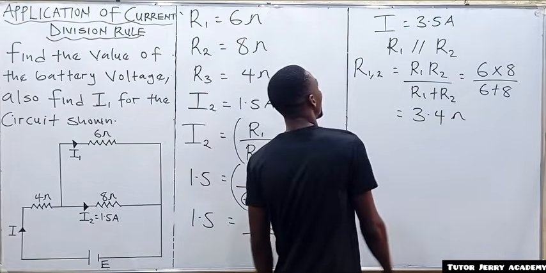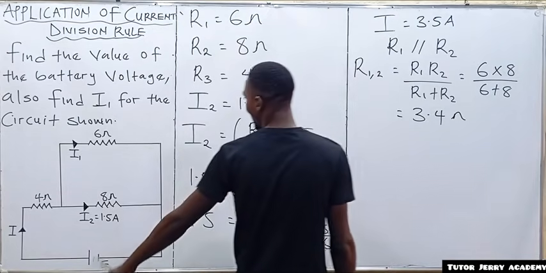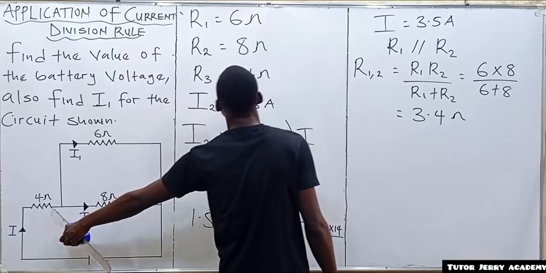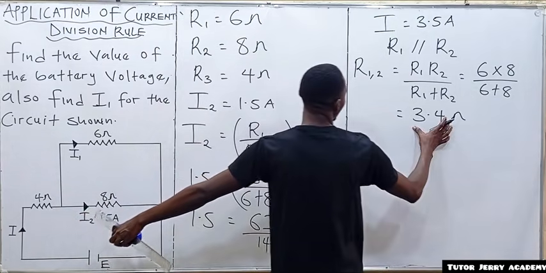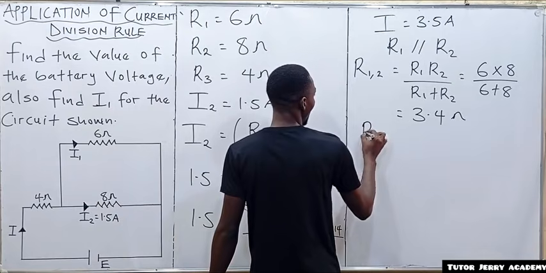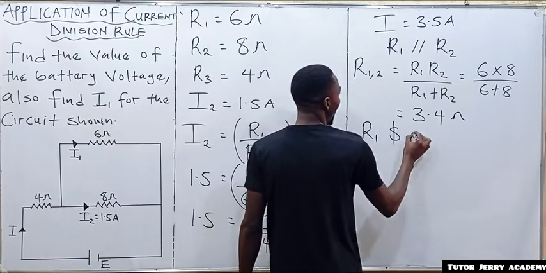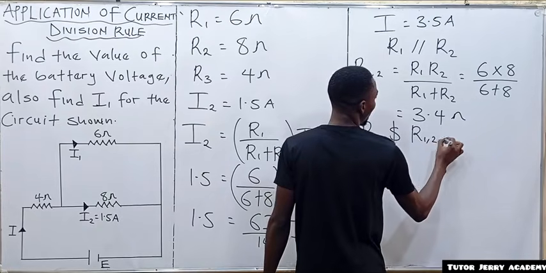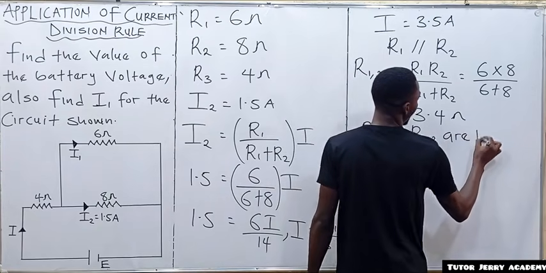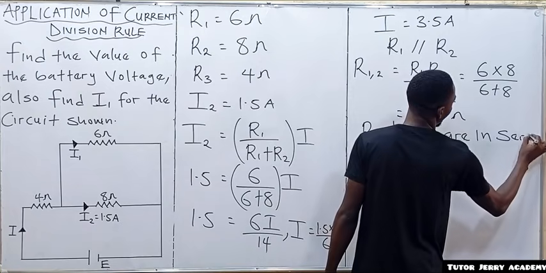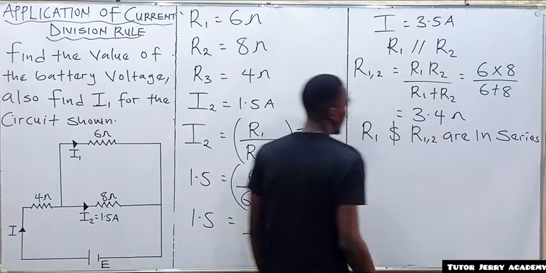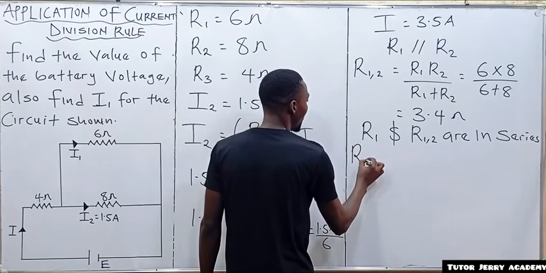Now you are going to note that this 4 ohms resistance is in series with R1,2. So we can now calculate the equivalent resistance.